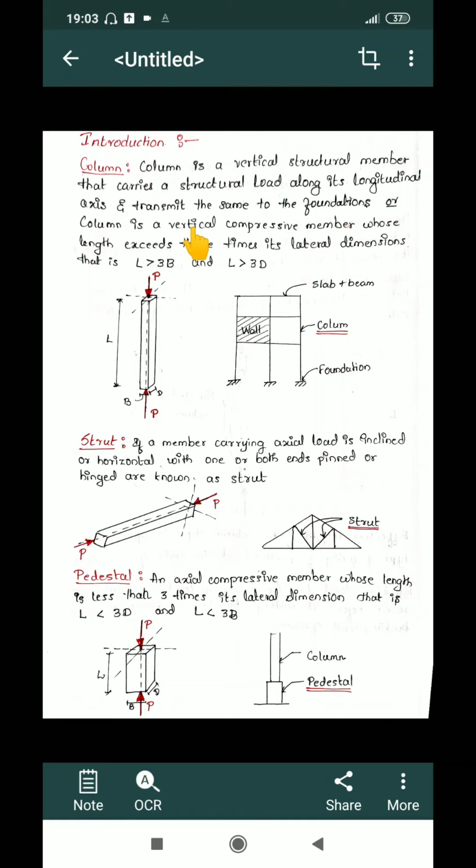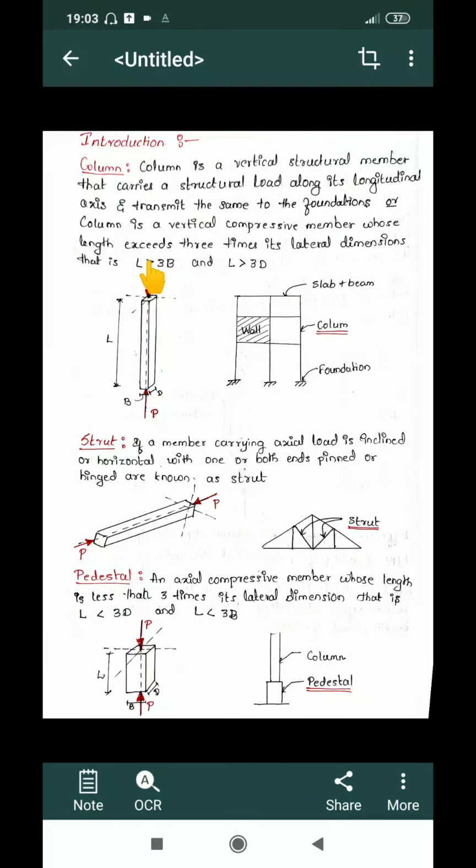It is a vertical compressive member because if I apply an imposed load at the top of the column, then to resist this load there will be an opposite reaction created by the foundation, and these two forces, the load applied and the reaction created, together try to compress this column, and hence this member is called a compression member.